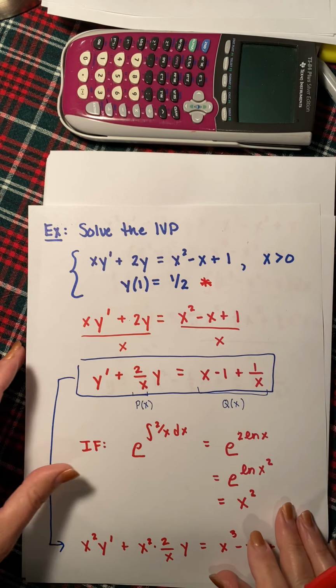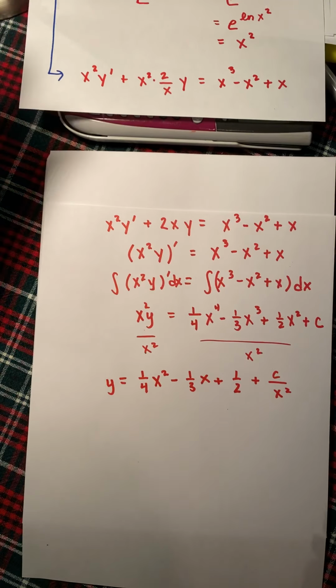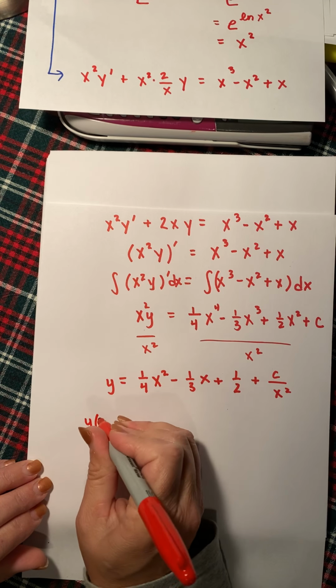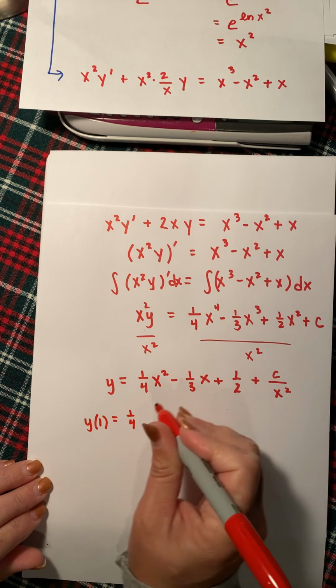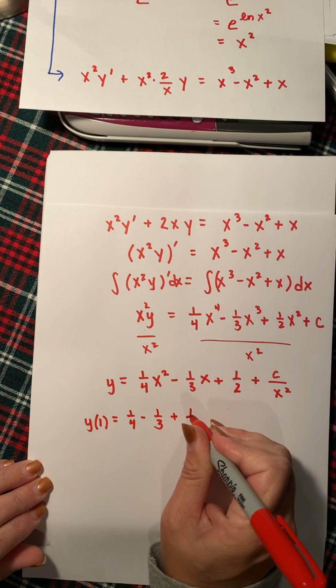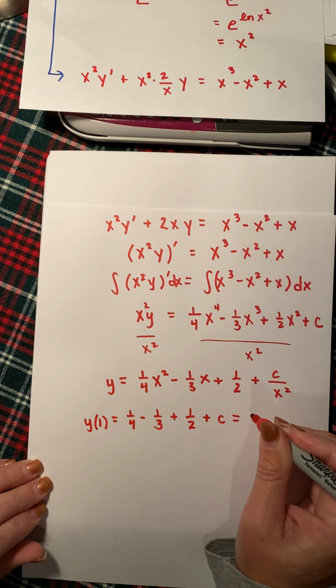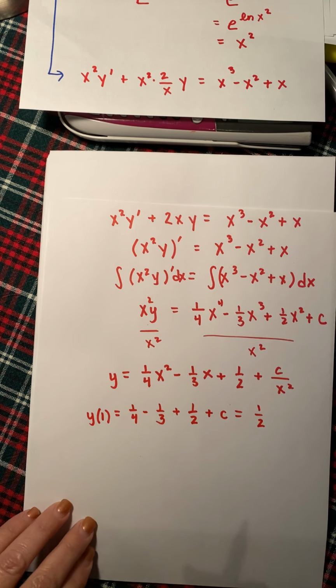We're told when we put in 1 for the input, the output is 1/2. So if I put 1 in for my input, I get 1/4 times 1 squared, which is 1, minus 1/3 times 1, plus just the constant 1/2, plus c over 1, and I'm told that has to equal 1/2.